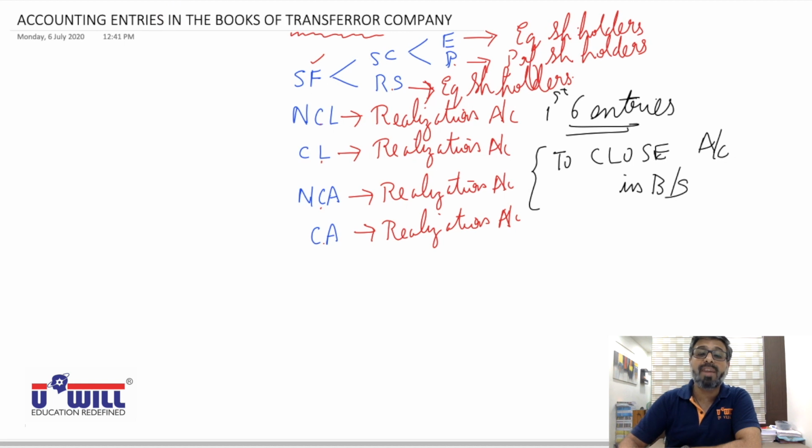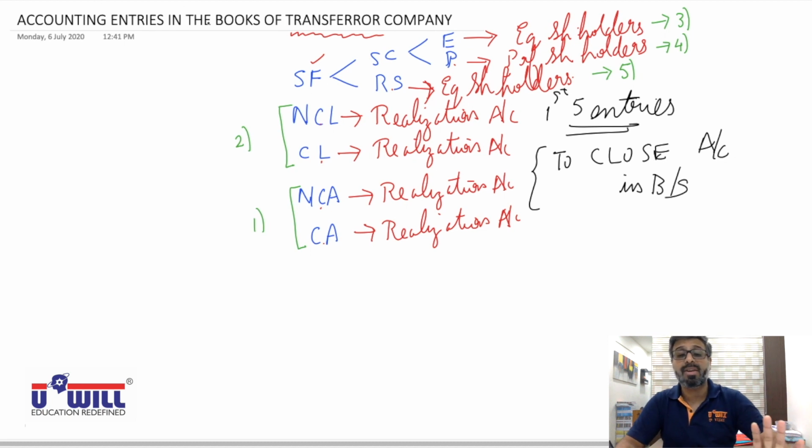What is the order of entries to be passed? First entry to close assets, second entry to close liabilities, third entry to close equity share capital, fourth entry to close preference share capital, fifth entry to close reserves and surplus. So I'm sorry, not six, but first 5 entries we will derive by closing these accounts.